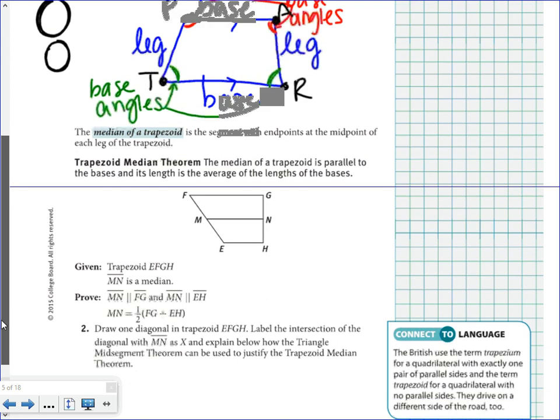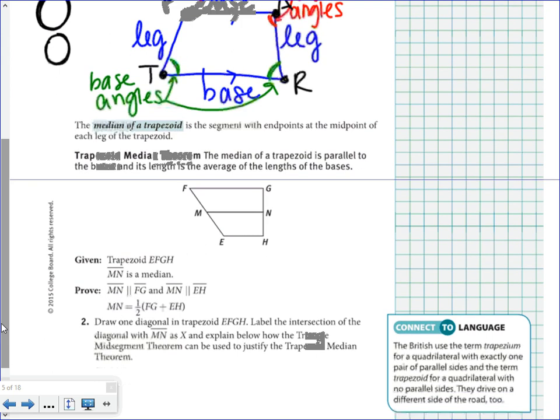So now we're going to look at the median of a trapezoid. It's similar to the mid-segment that we looked at in the previous lesson. Your median is going to be the segment that has endpoints at the midpoint of your two legs. So I'm going to look at this figure that they have drawn for us. M is the midpoint of side FE, which means FM is congruent to EM.